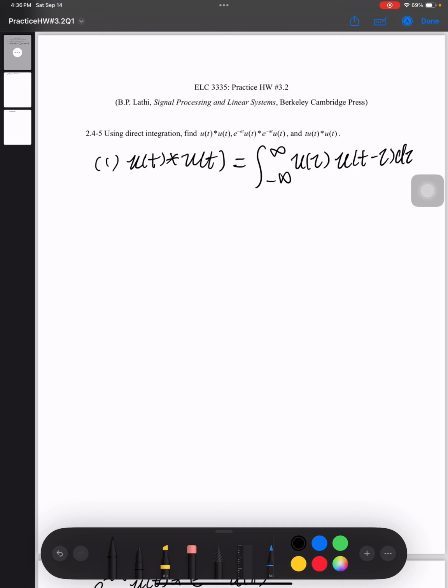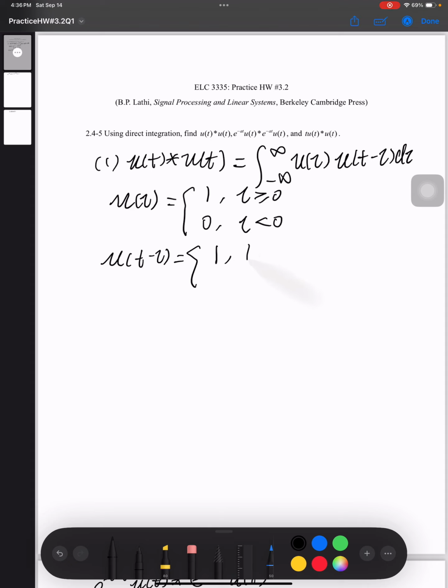For u(tau), we know it is equal to 1 when tau is larger than or equal to 0. Otherwise, u equals 0. And for u(t minus tau), similarly, once t is larger than or equal to tau, it equals 1.